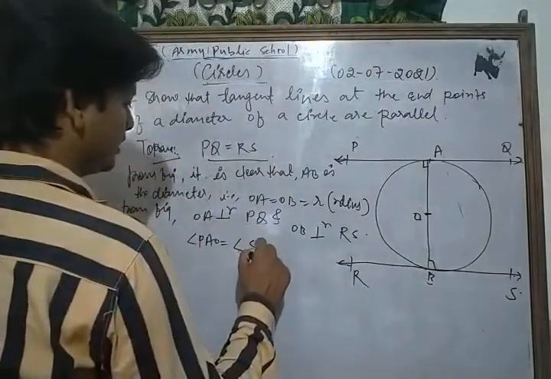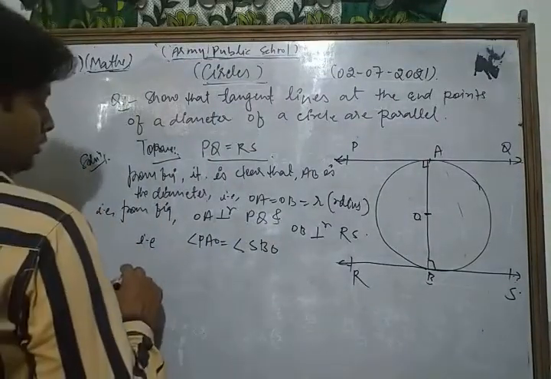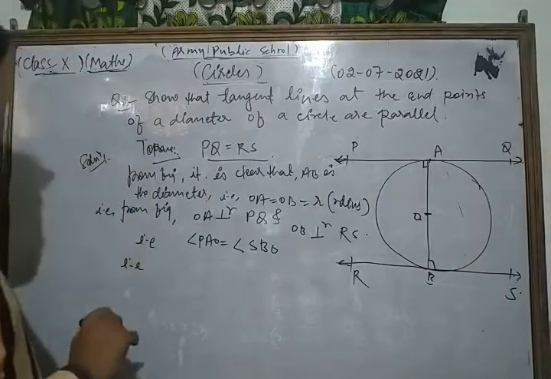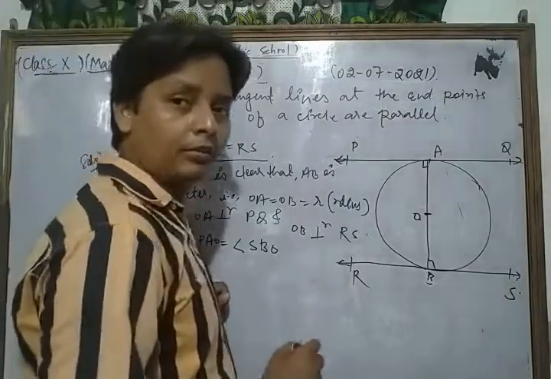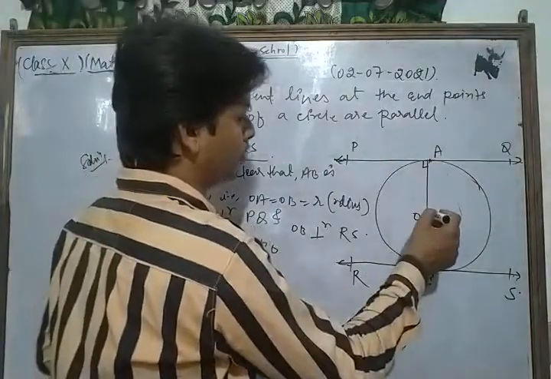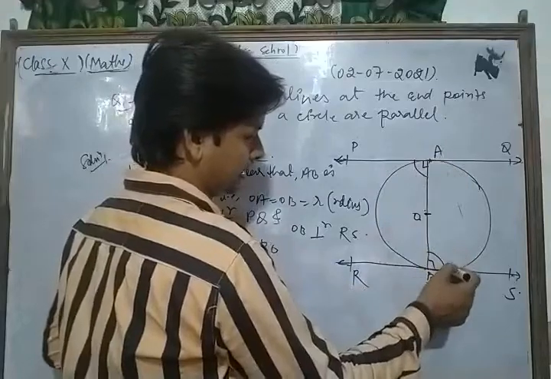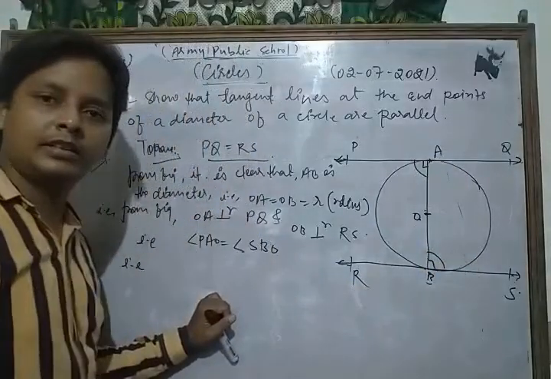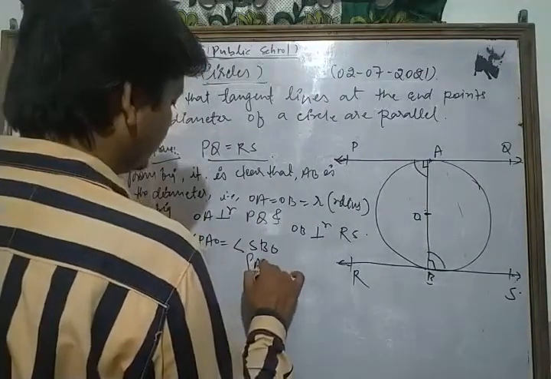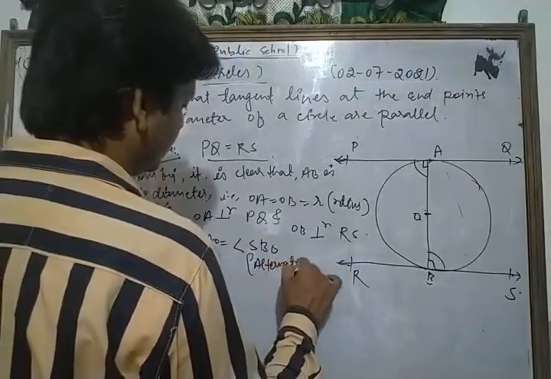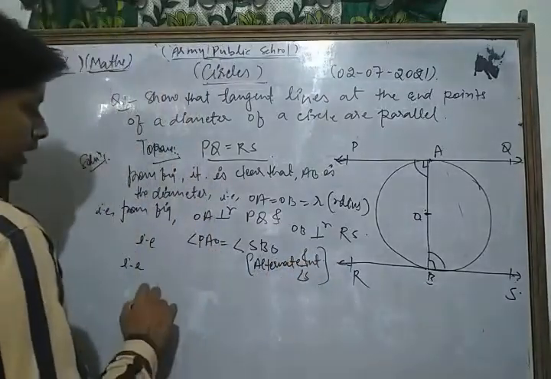Now look, dear friends, we have to show that angle PAO is equal to angle SBO. These are the alternate interior angles.